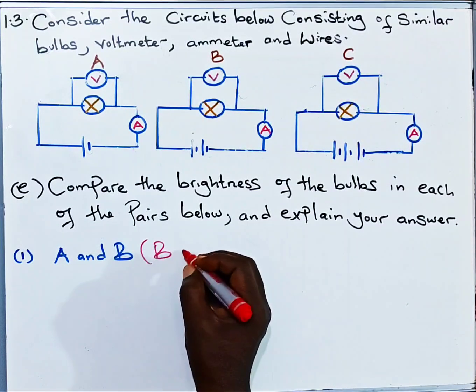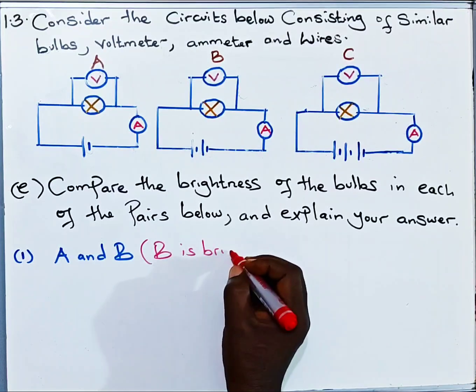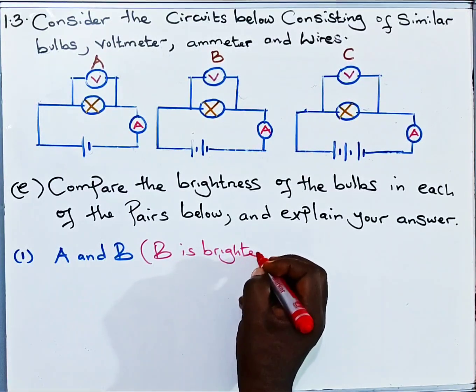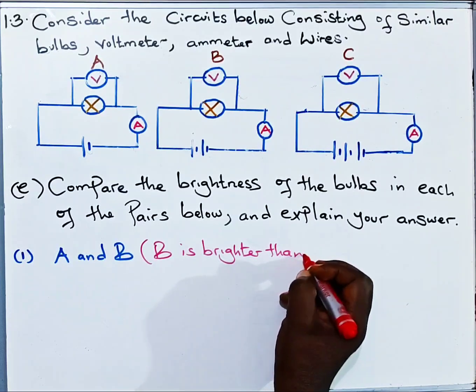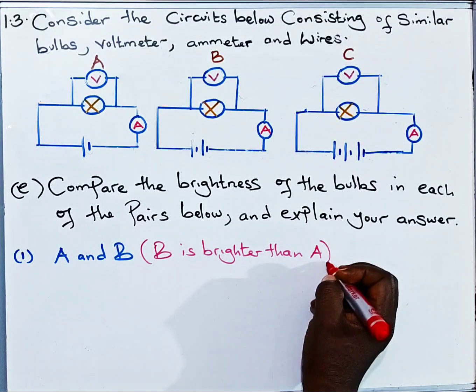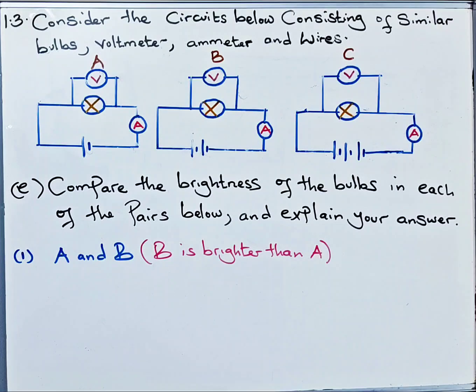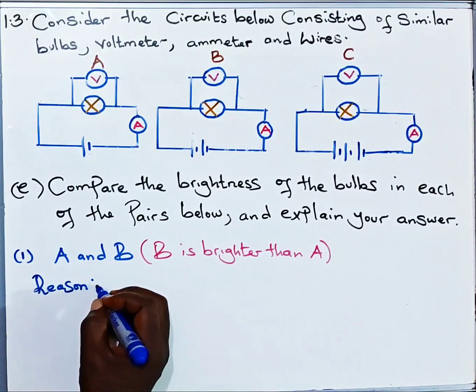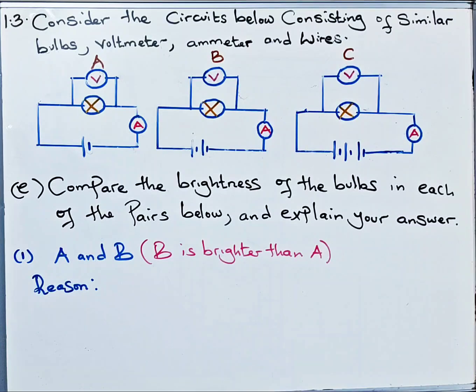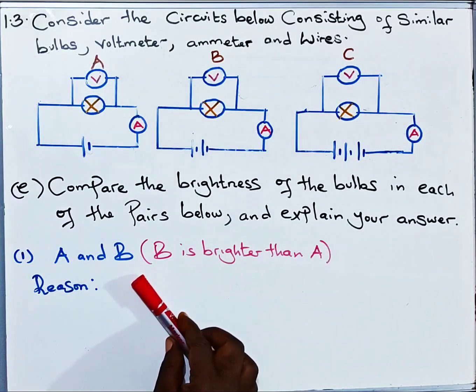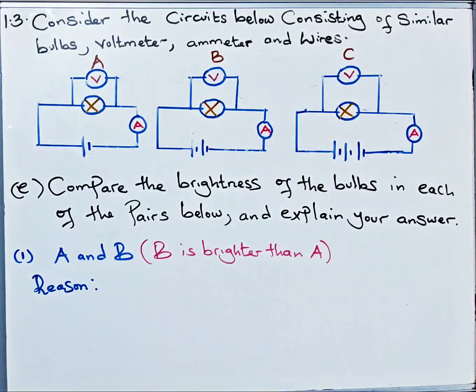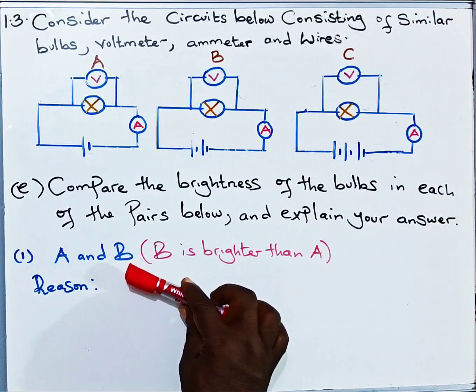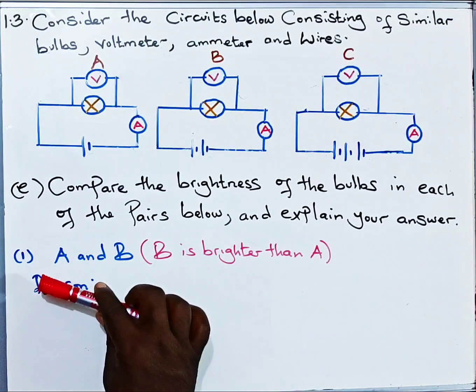Here, B is brighter than A. And what is the reason? The reason is that the potential difference in B is higher than the potential difference in A.